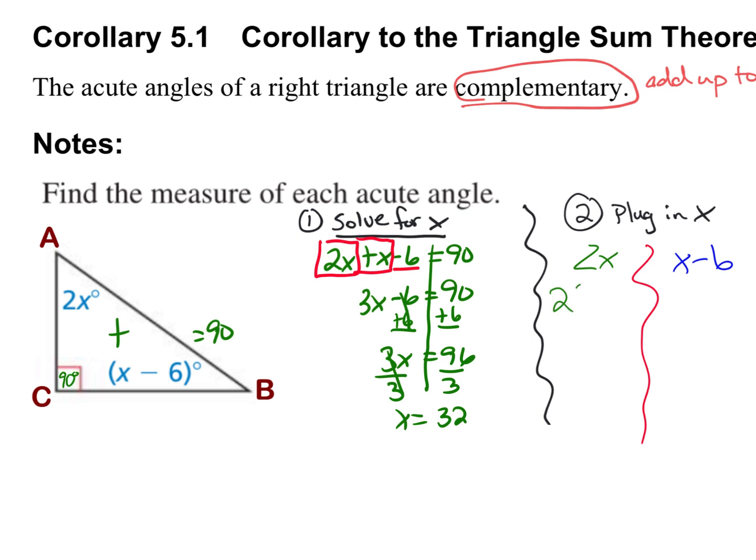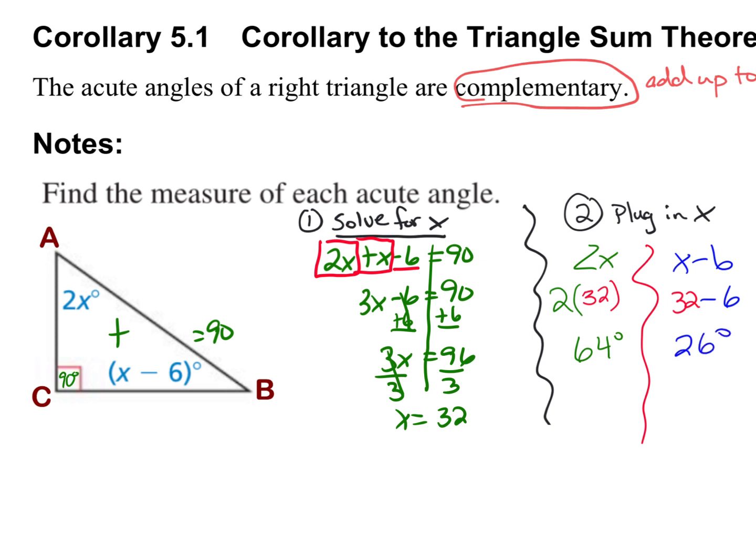For 2 times x, we got 32 for the x, so that's 2 times 32, which just gives us 64 degrees. And then the other one is x minus 6, so it's going to equal 32 minus 6, which is just 26.